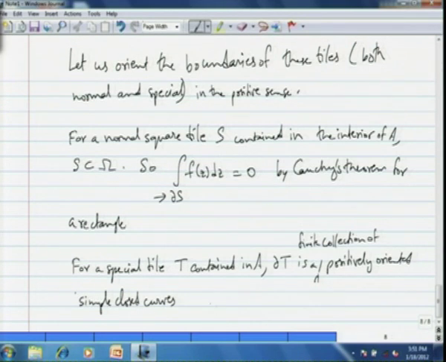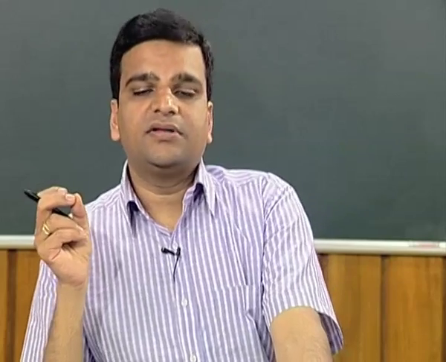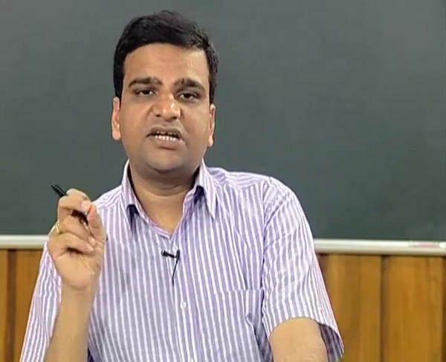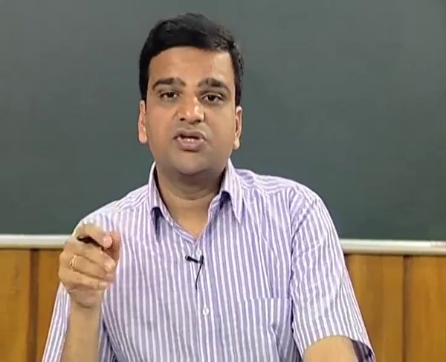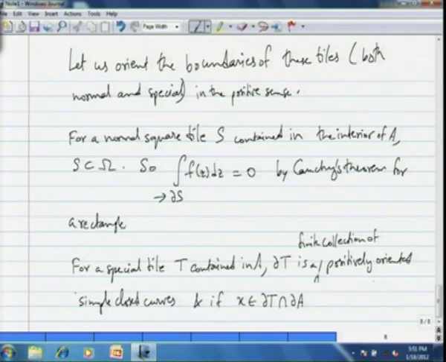And if x is a point which belongs to the boundary of T intersection boundary of A. Notice that I said that a special tile is possible only when a square tile intersects the boundary of A. So, there is such a point x which is contained in the intersection of boundary of T with the boundary of A.